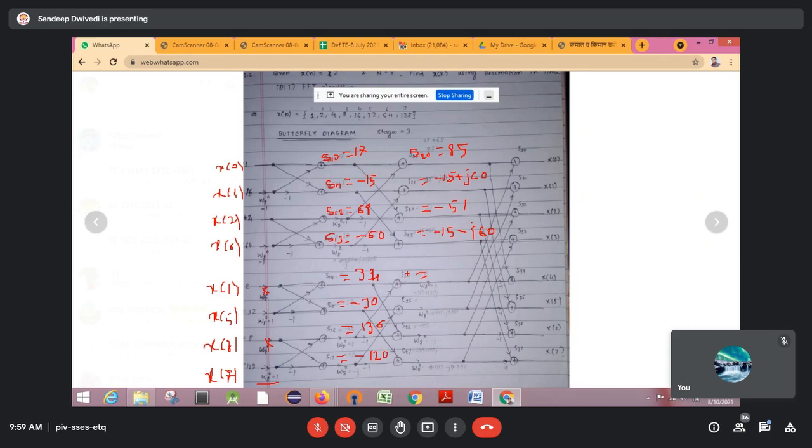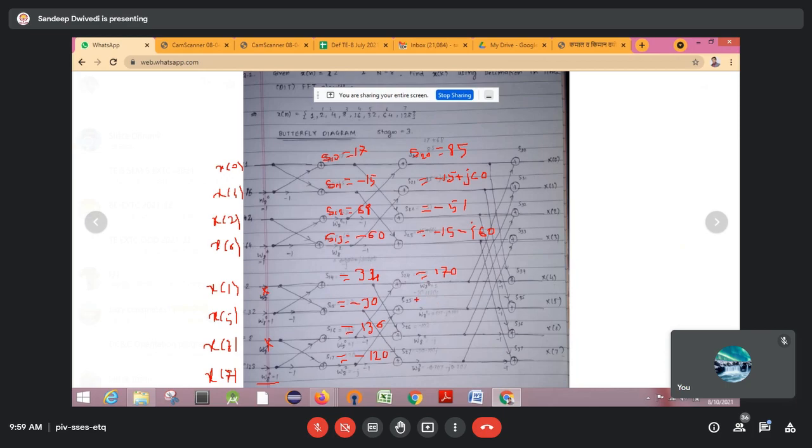Then S24, so for this will be 34 plus this one raised to power 0 is there, so it is not going to be changed. So 140, 170, so you can check whether it is 170 or not. 170.